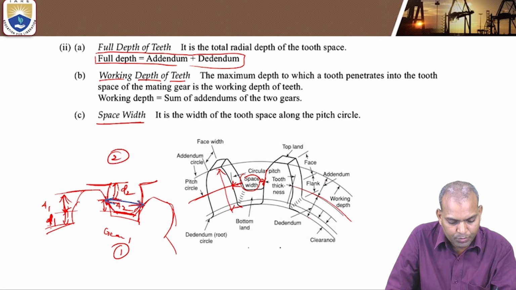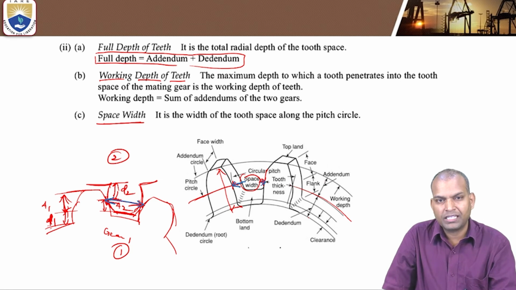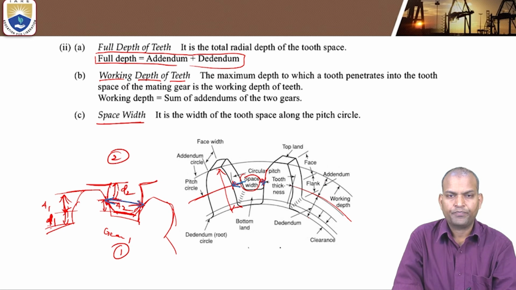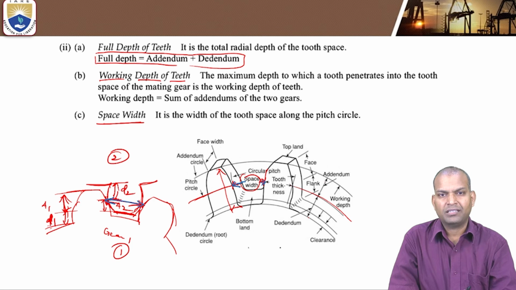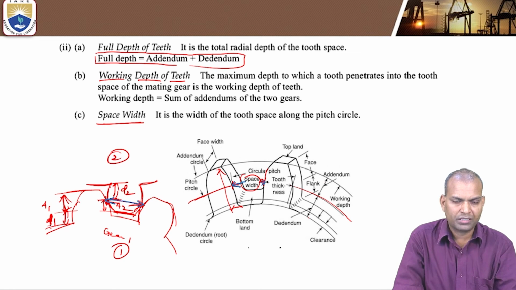There are three circles here: addendum circle, pitch circle, and dedendum circle. Here, along the arc of the pitch circle, that width we consider as the space width.